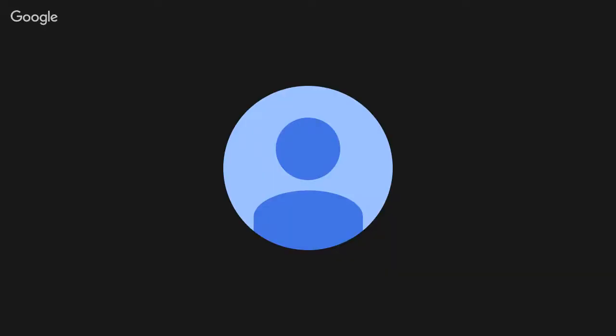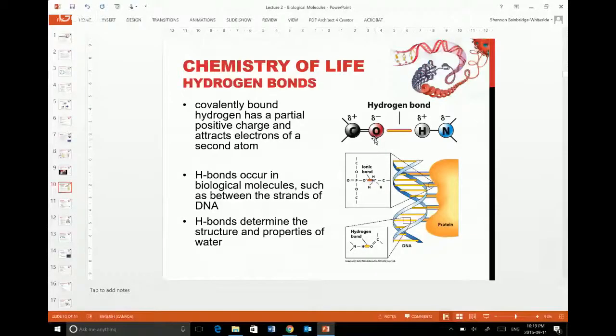On this side, you have a molecule in which the carbon is bound to an oxygen. The oxygen is a more electronegative atom, so it's pulling the electrons towards itself, setting up a slightly negative charge. Over here, you have a nitrogen covalently bound to a hydrogen. The nitrogen is the electronegative atom, pulling the hydrogen's electrons towards itself, creating a slightly positive charge on the hydrogen.